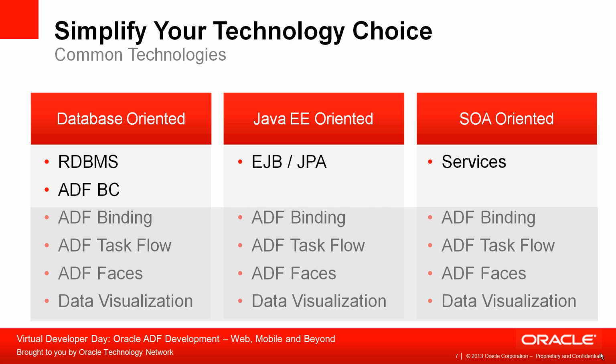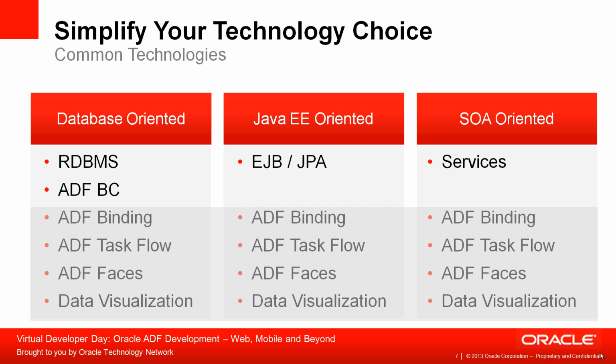The difference on all of these 3 stacks is what you use as a business service. And here you would use what your skill set is the closest to. On the database-oriented side, you would use ADF Business Components. On Java EE, you would use EJB JPA. And if you're a SOA guy, then you use services.